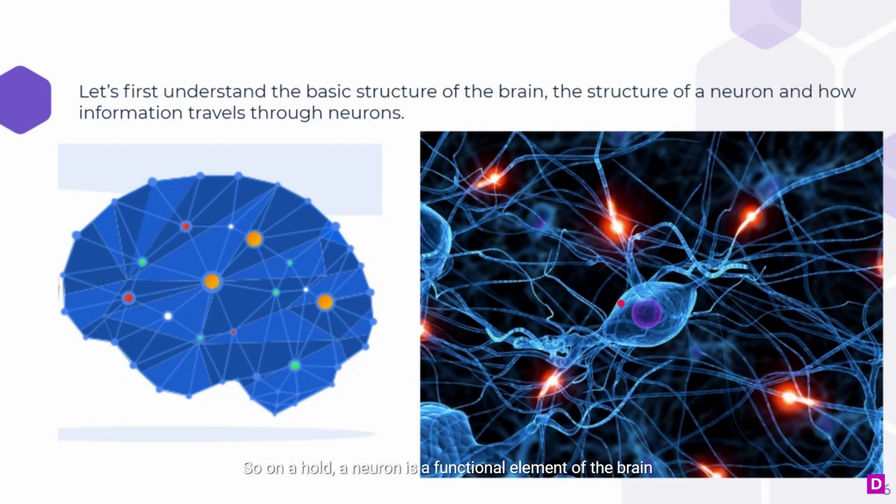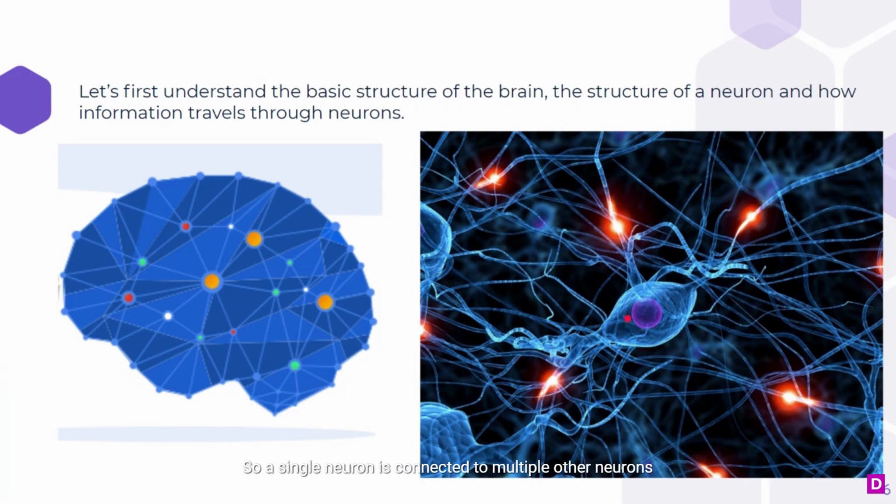On the whole, a neuron is a functional element of the brain which receives information in the form of electrical signals, processes the signal, understands what it is carrying, decodes the message in the signal, retains certain information as memory, then transfers additional signals or activates the signals based on the input to the further connected neurons.